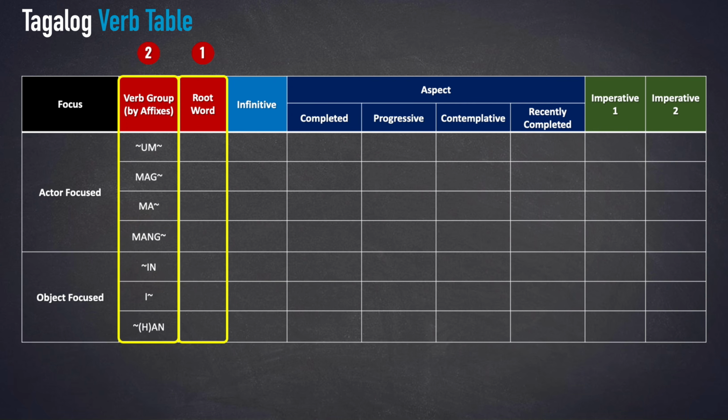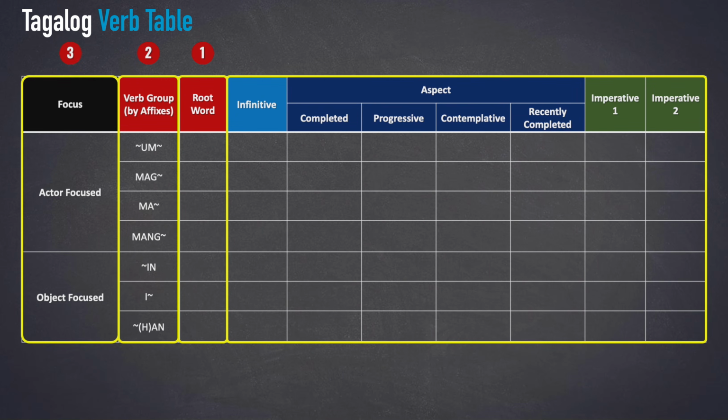In that way, you will be able to easily grasp the essence of each verb. And in every video, I will tackle verbs in pairs of actor-focused verbs and object-focused verbs for you to see their relationship. Believe me, they are related. That's about it.